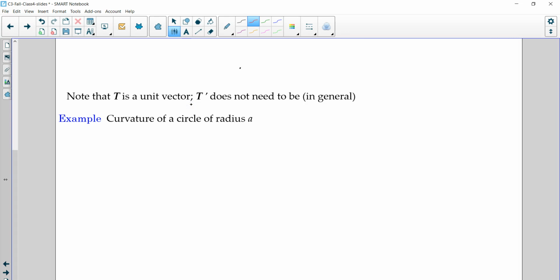So, the curvature of a circle of radius a. I'll let you visualize that if you want, but what we end up with here is we can use the parameterization x of t as a cosine t, a sine t, where t is within 0 to 2 pi.